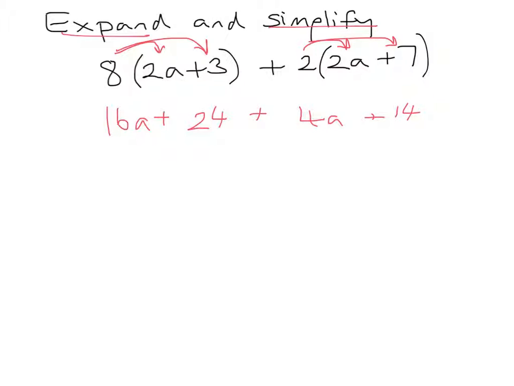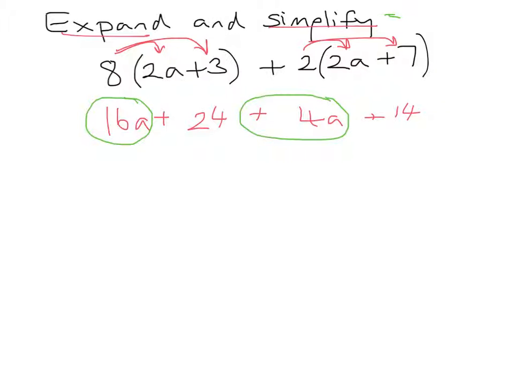But now I've got to do my simplifying. So again, I can only add like with like, apples and apples, not apples and aardvarks. So what I do is I circle the matching things in matching colours. So my a's I circle, but I always circle the sign in front. So my numbers I'll do as well.